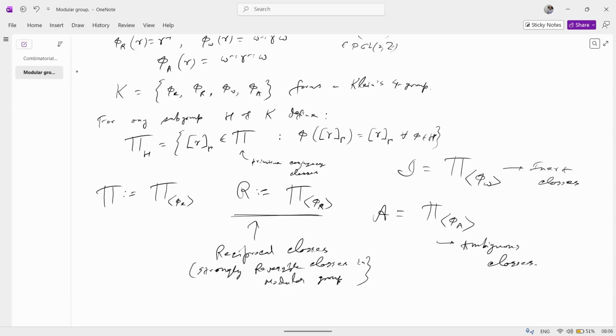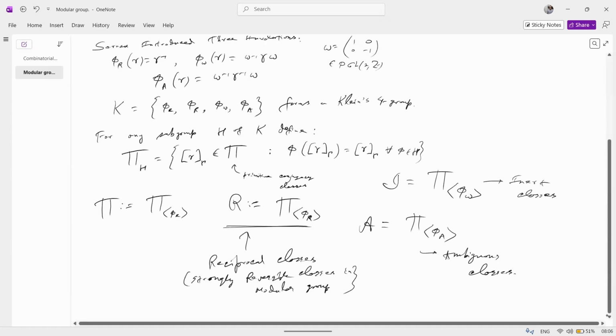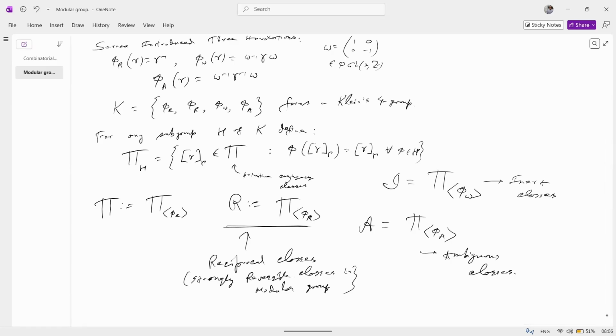Now, these inert and ambiguous classes, at least the ambiguous classes, if you see this definition, gamma is still conjugate to gamma inverse if they belong to the ambiguous classes. But here the conjugation element is an orientation reversing element.